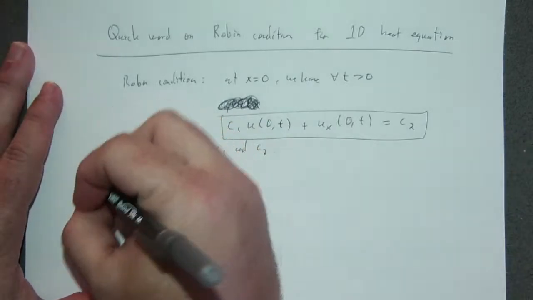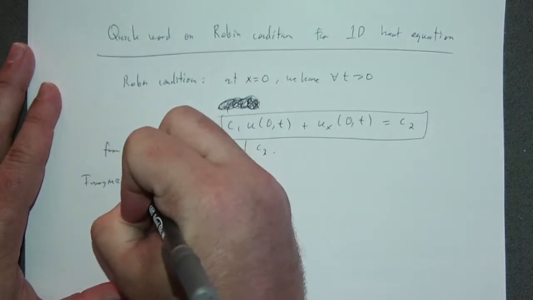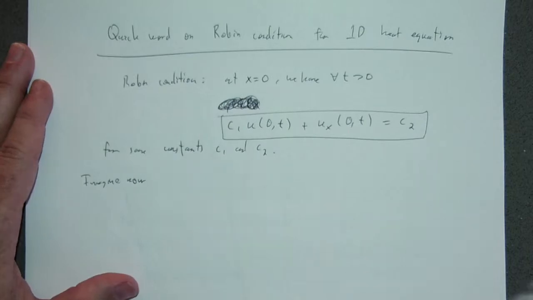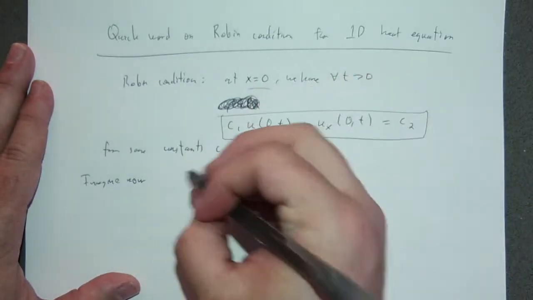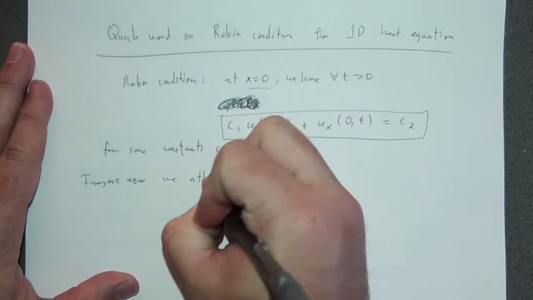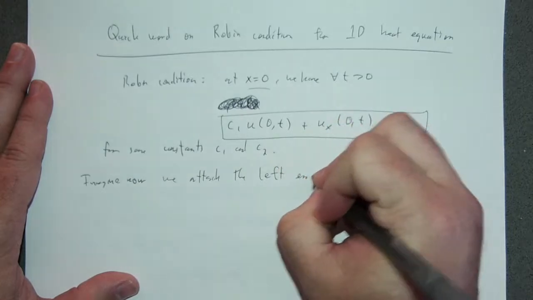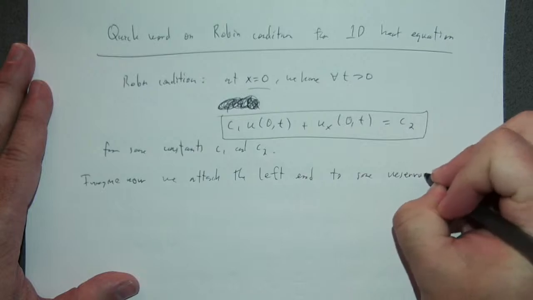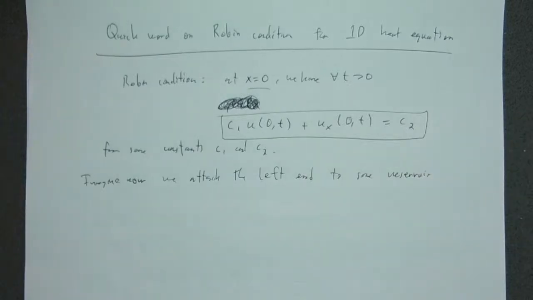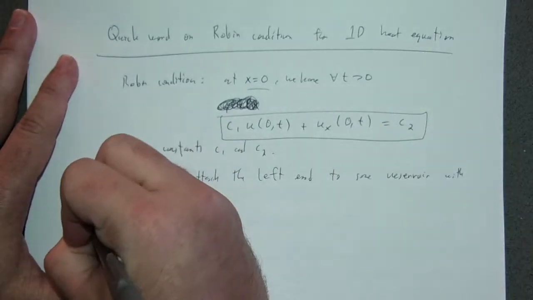All right, so imagine now, of course, this is a single Robin condition. There would be another one, say, maybe at the other end. So this is at the left end. So imagine now we attach the left end to some reservoir, some medium, so air, liquid, whatever, with temperature, we'll say, T0.